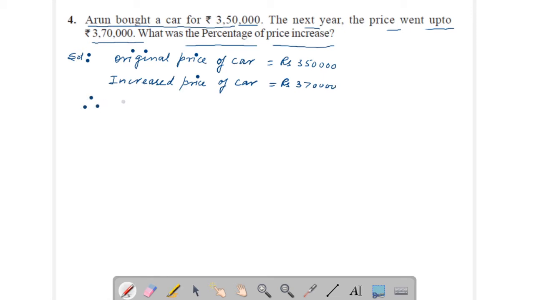Therefore, increase in price is equal to rupees 3,70,000 minus 3,50,000. It is rupees 20,000.